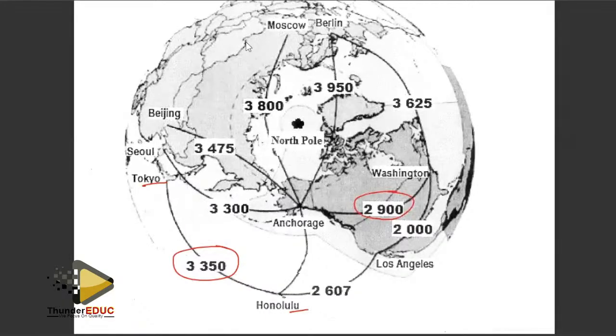So meaning we need to subtract, which will become 3,350 minus 2,900.